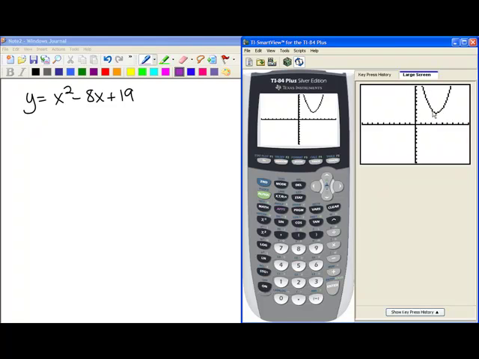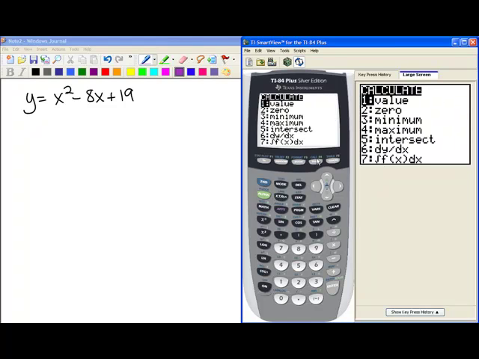And you see that we have a low point, a minimum down here. And let's see if we can figure out the values of this minimum. Now, in order to figure this out, we'll need to go to our calculator and give it some commands. So, in order to figure out the values of the minimum or maximums, you press second trace for the calculate menu.